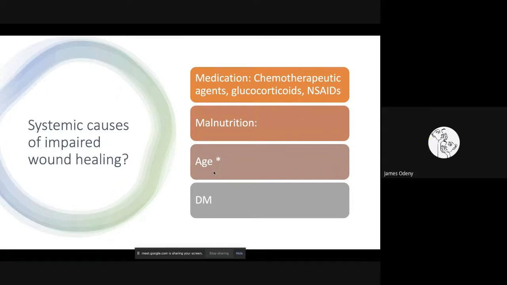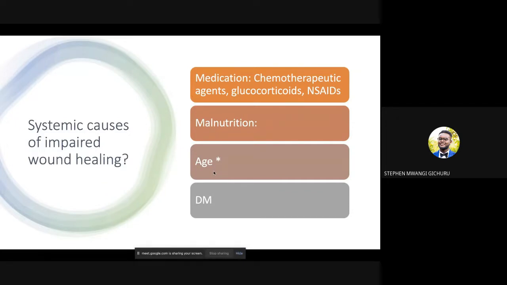Sorry, it was delayed versus impaired. Yes, so impaired means that we have disrupted the process of those 4 phases. There's a point where we've stopped it. In delayed, it's happening, but it's happening at a slower pace. That's basically it.